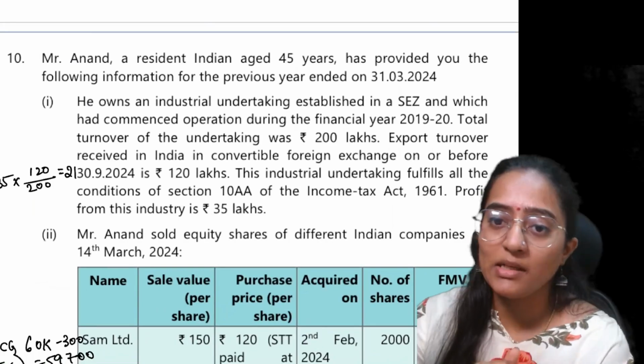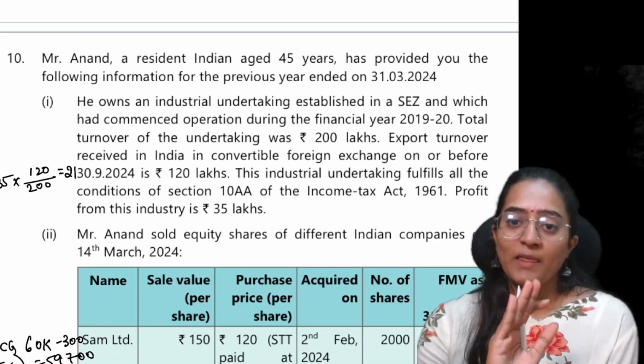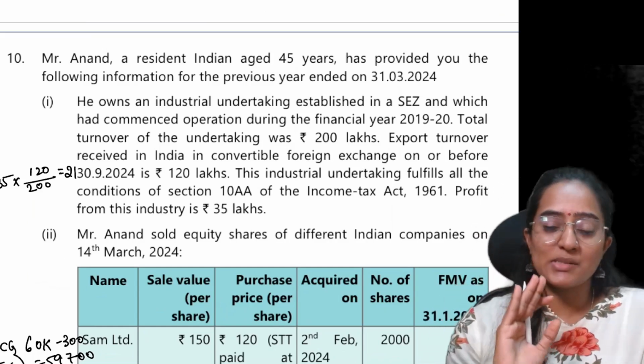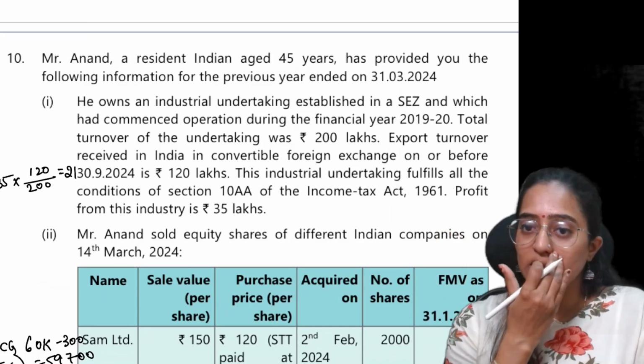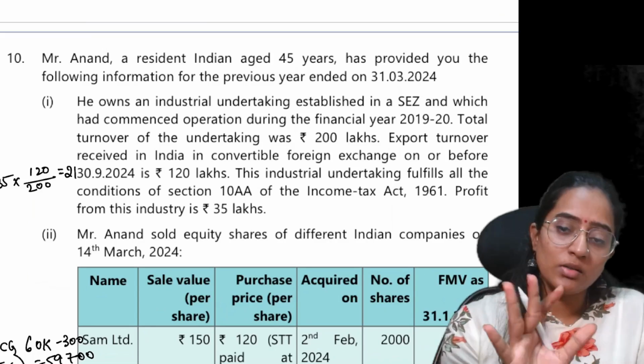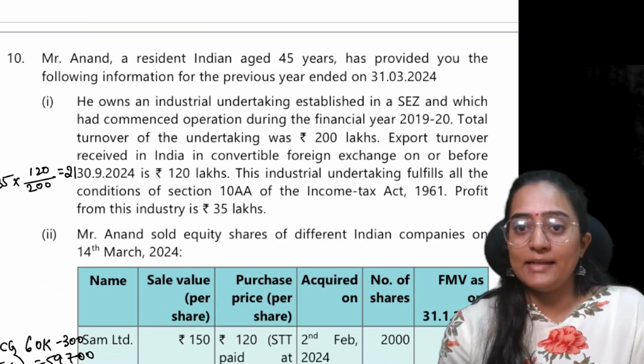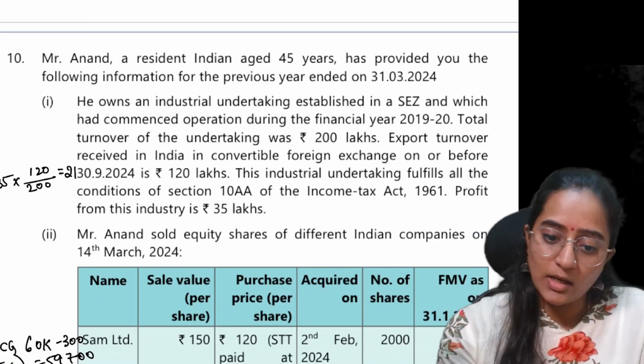Deduction under section 10AA is available for the first 5 years at 100%. From the 6th year to the 10th year, 50%, and from the 11th year to the 15th year, 50% of that export profit, or whatever amount you have deposited in the special SEZ reserve account.